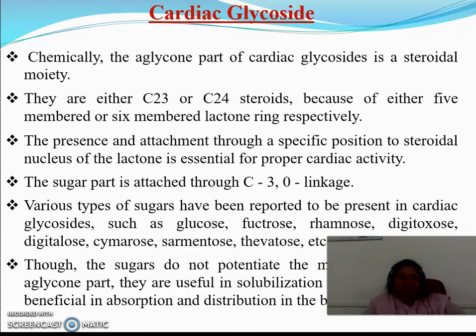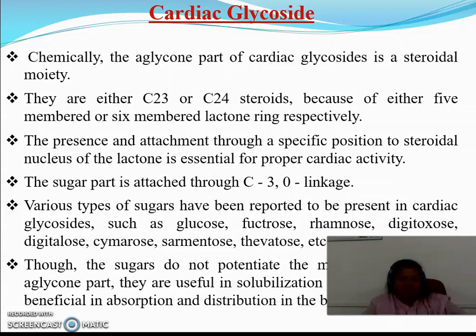The presence and attachment through a specific position to the steroidal nucleus of a lactone is essential for proper cardiac activity. The sugar moiety will be attached through C3-O linkage.